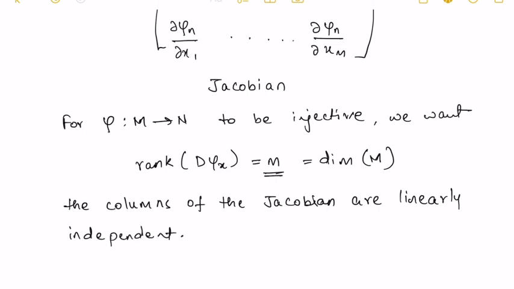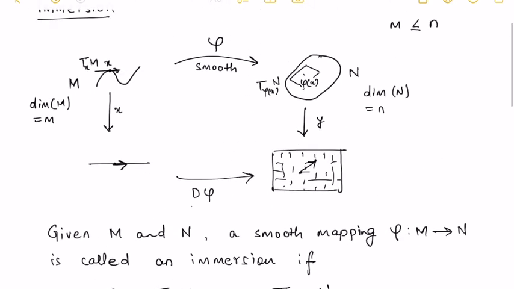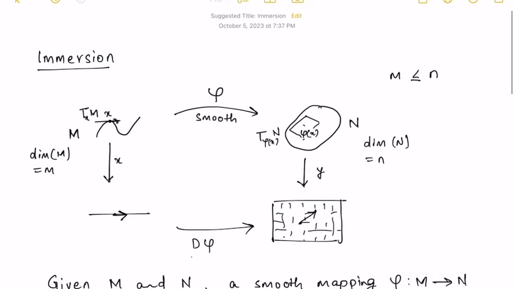right? So just a quick recap. What we want is to define a property about smooth mapping functions from an m-dimensional manifold to an n-dimensional manifold when m is less than n, right? So we're defining immersion as a property of a mapping function which goes from a lower dimensional manifold to an equal or higher dimensional manifold.